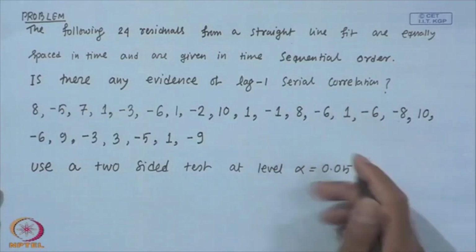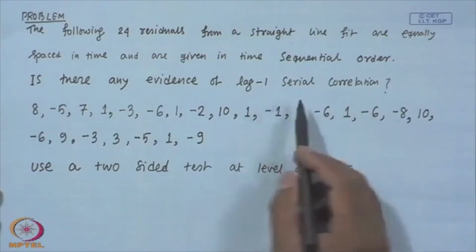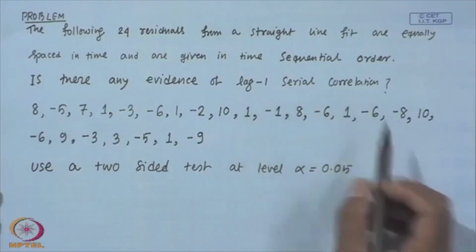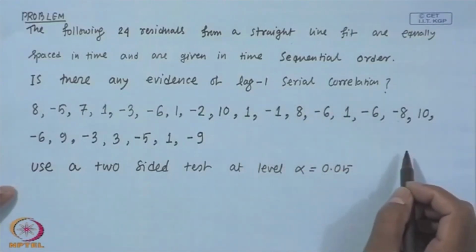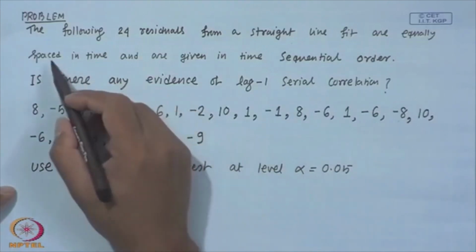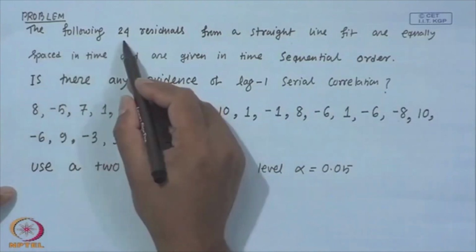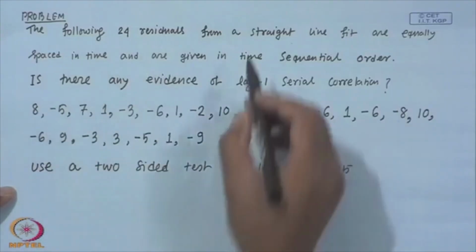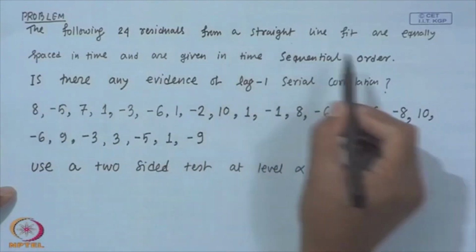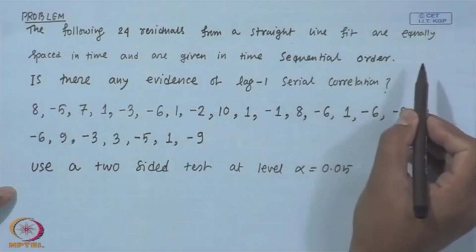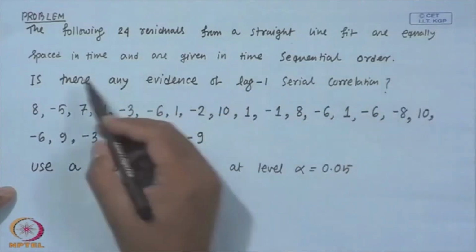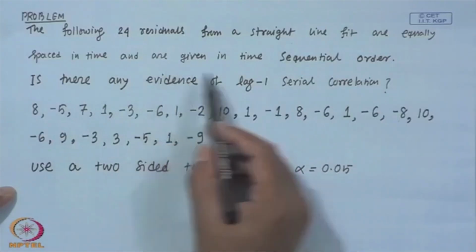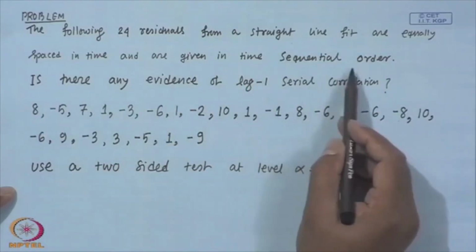Okay. So, let me consider one more problem. This is also to check whether there exists lag 1 autocorrelation or serial correlation. It says the following 24 residuals from a straight line fit are equally spaced in time and are given in time sequential order.